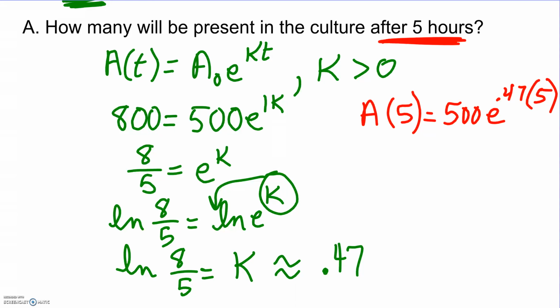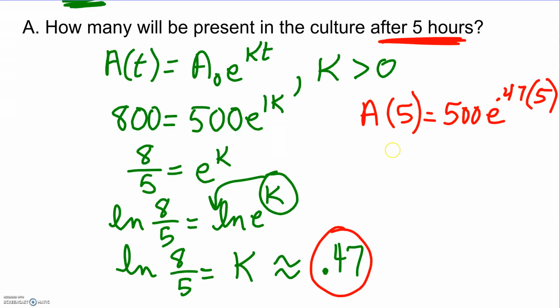So you just put that into your calculator. Now, if you can, try not to use the rounded version of 0.47. Use the bigger version that's still in your calculator. You know, if you do the natural log of 8/5, it's like 0.4700036292. That's what I'm actually going to use here. And I'm just going to do 500 times e to that power times 5.